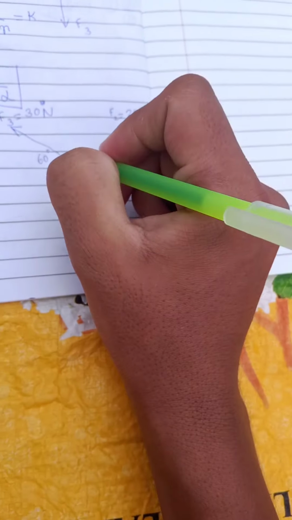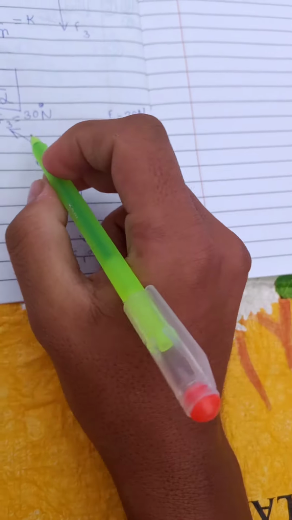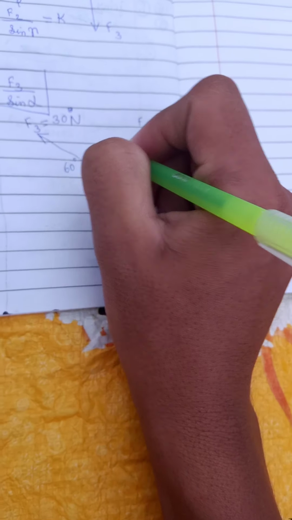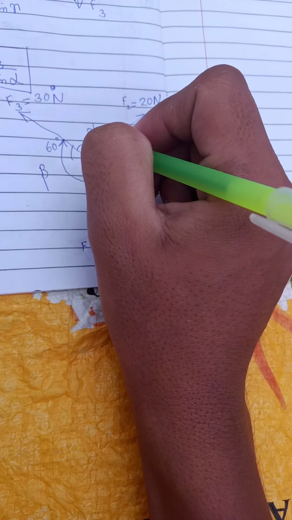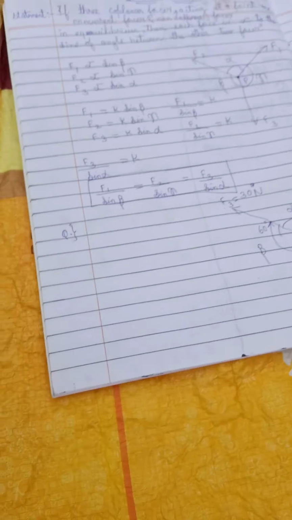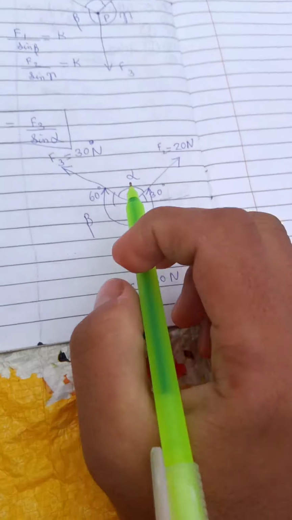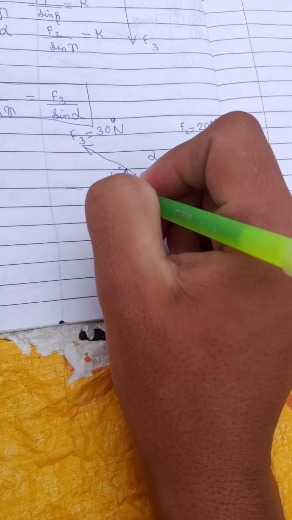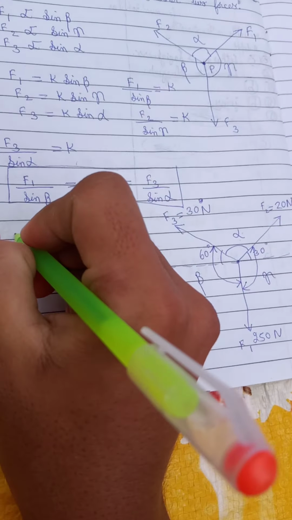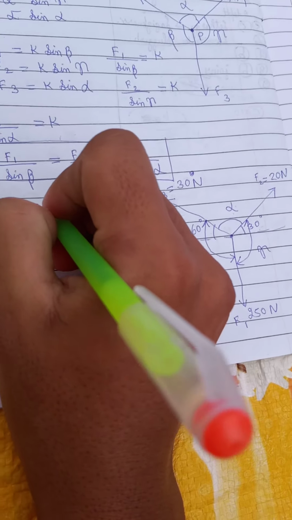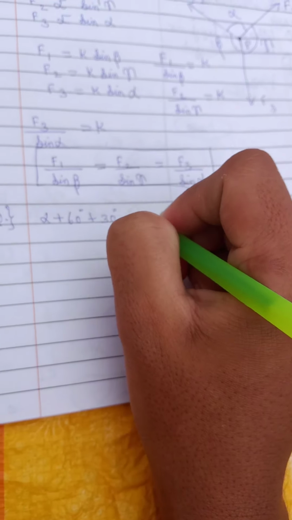Okay, then the angle between F2 and F3 will be alpha, what we had seen in the derivation. This whole angle will be beta from here to here, and this whole angle will be gamma. So if we see from the figure, 60 plus 30, we know that the sum of all three angles will be 180 degree. So I can write alpha plus 60 plus 30 is 180. So 60 plus 30 will be 90.